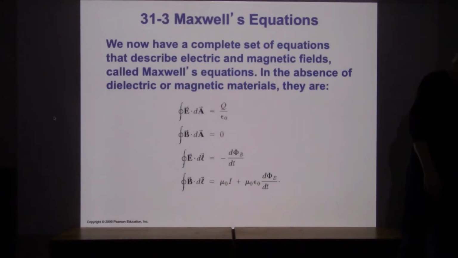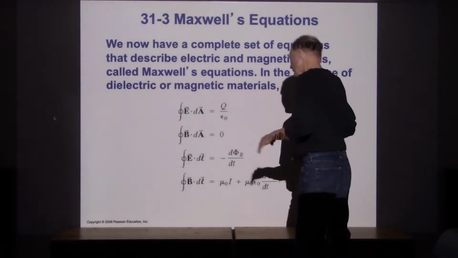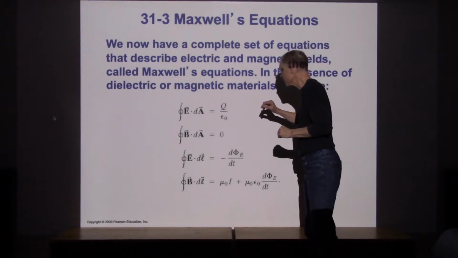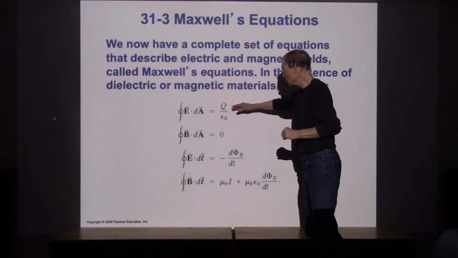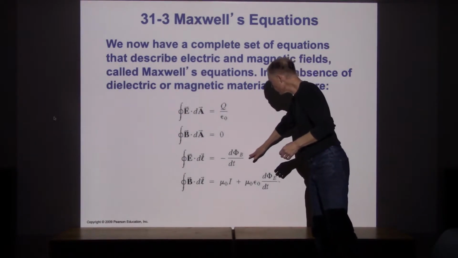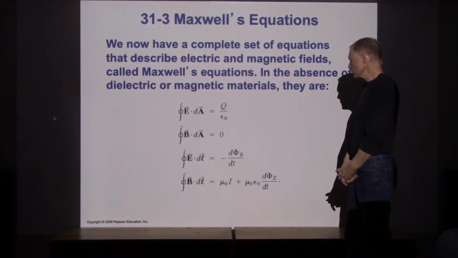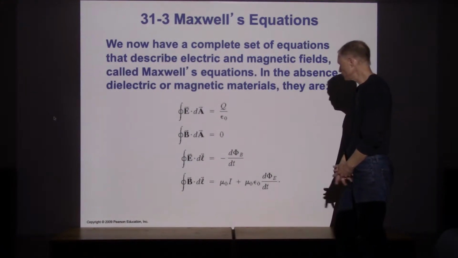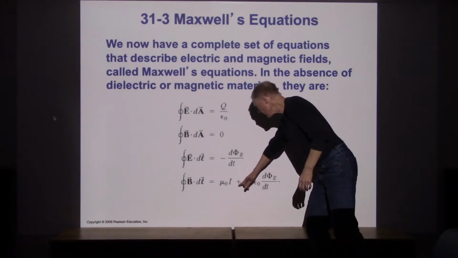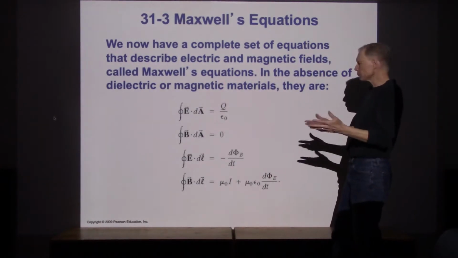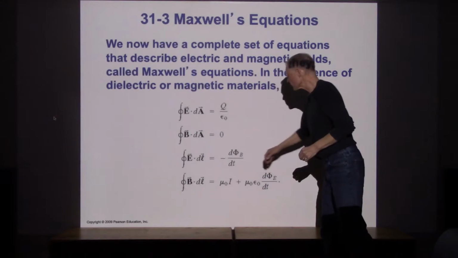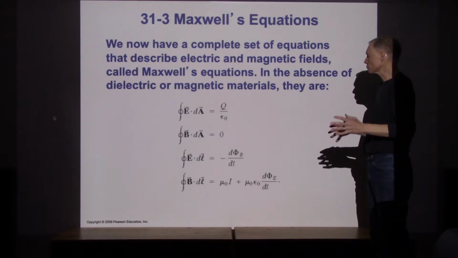Kind of a new item. So again, looking at these, I'm guessing they look kind of familiar. This was Gauss's law from chapter 22. This is Ampere's law from chapter 28, and this is Faraday's law from chapter 29.